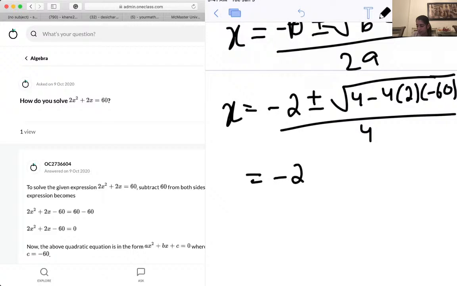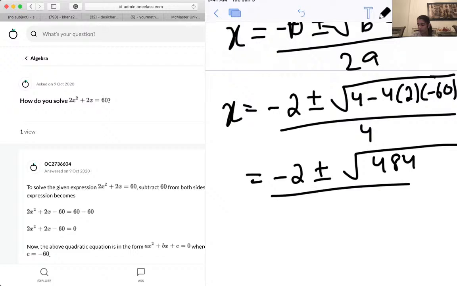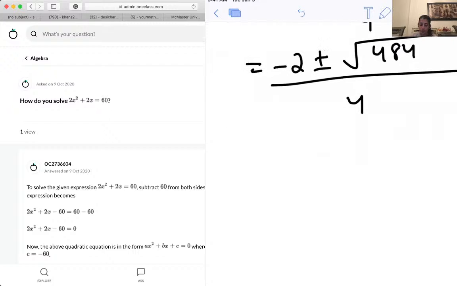Negative 2 plus or minus, pull out my calculator for this, 60 times 2 times 4 is 480, and the negative will cancel out, become positive, so it's going to be the square root of 484 over 4.